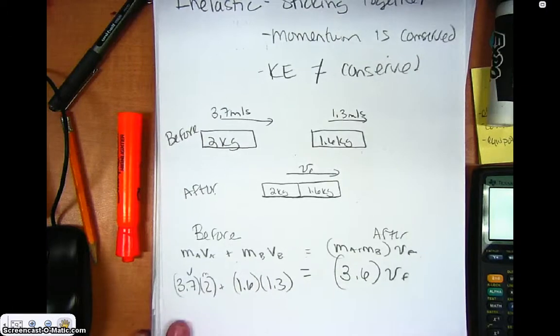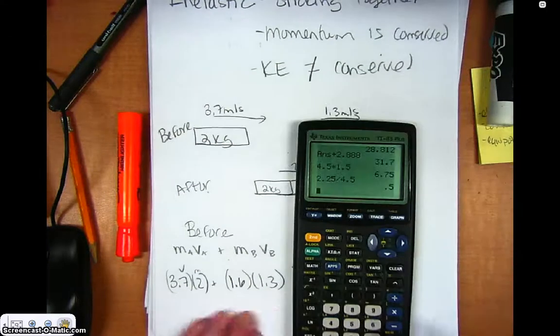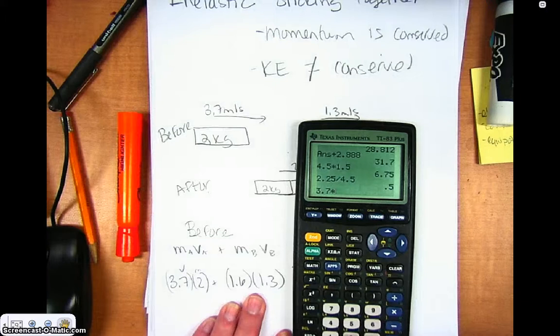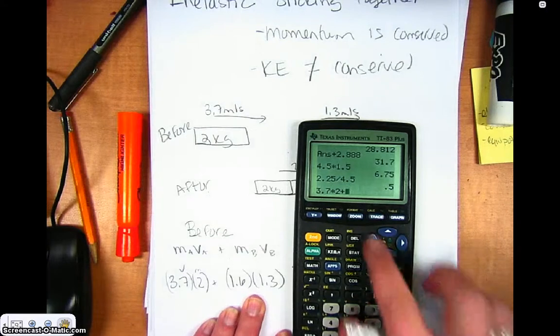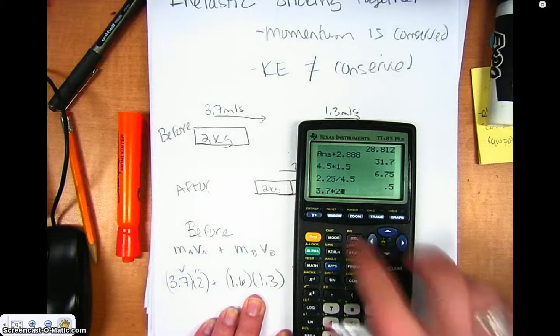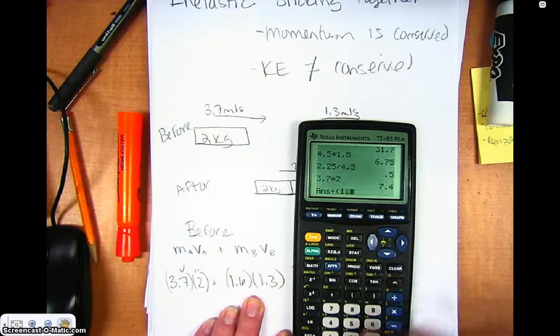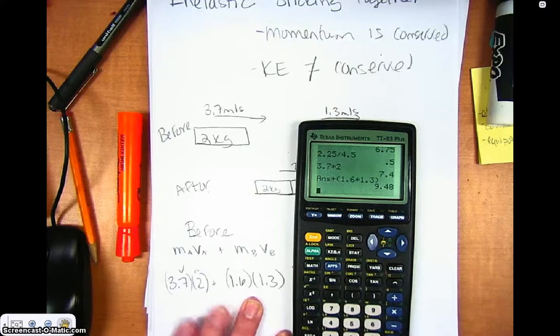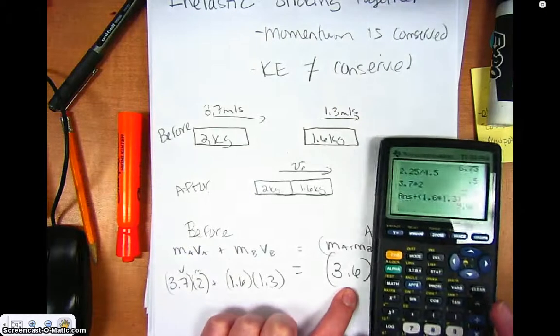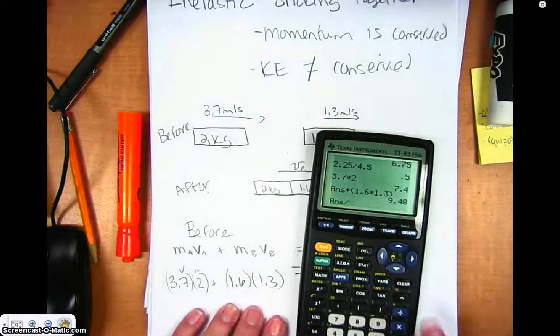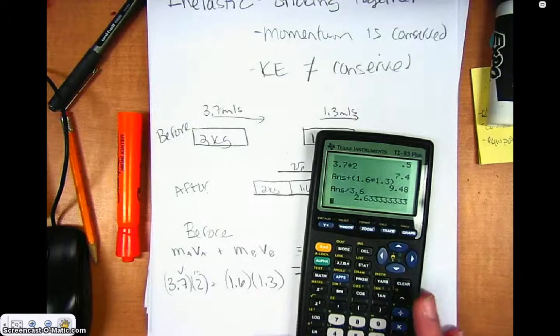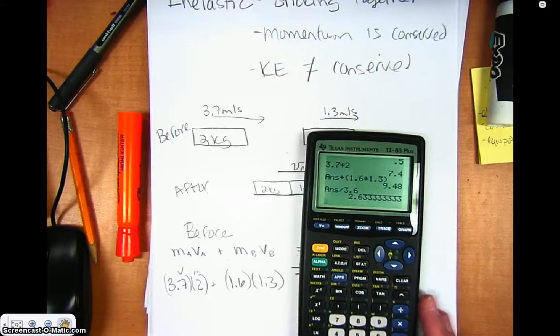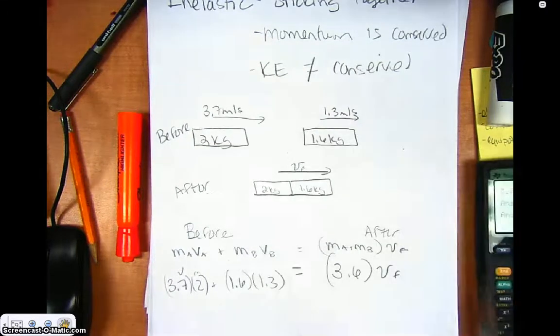So let's punch that in and see what we get for our final velocity. 3.7 times 2 plus 1.6 times 1.3 gives me 9.48 equals 3.6 v, so we'll divide by 3.6. I get my final velocity of the cars together is 2.63 meters per second.